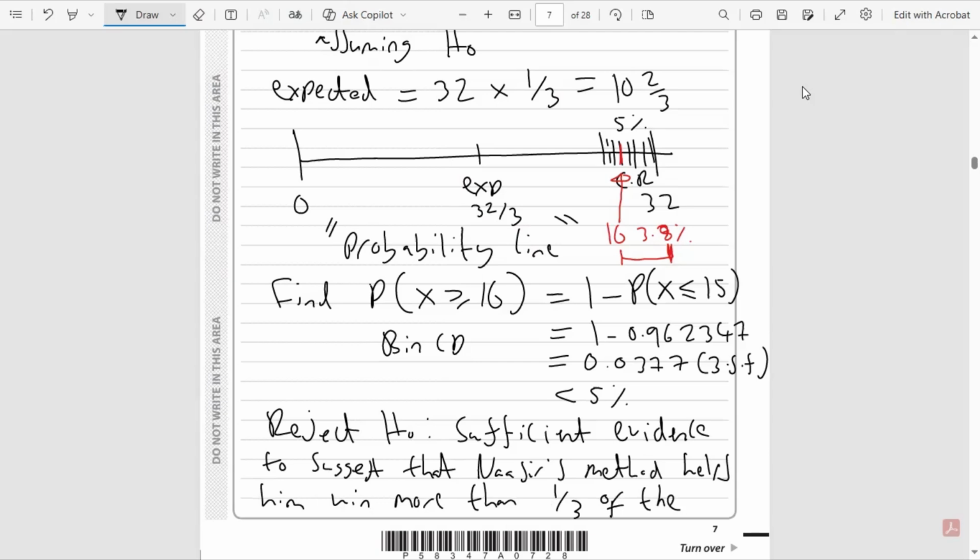Remember, with your hypothesis test conclusions, you want to relate your conclusion back to the context of the question. The question is about whether NASA's method helps him win more games. Well, the evidence suggests so, based on the probabilities there. We can't prove it, of course, because we're collecting data, but there is sufficient evidence to suggest that, yes, this method seems to improve his success rate.